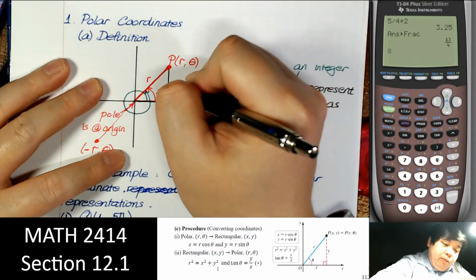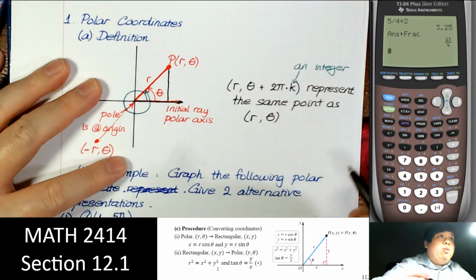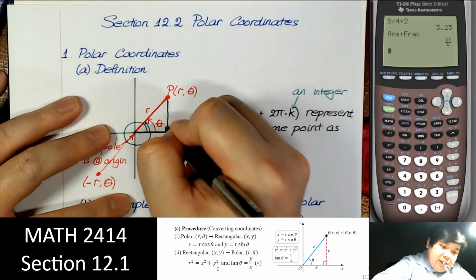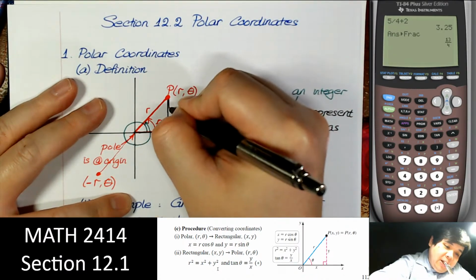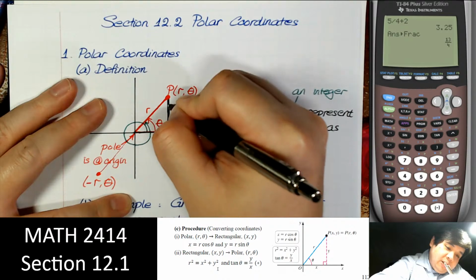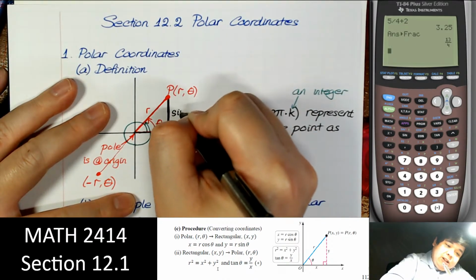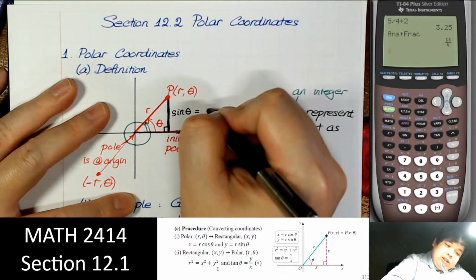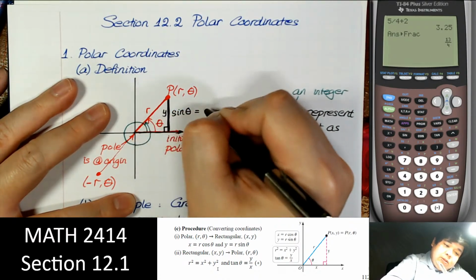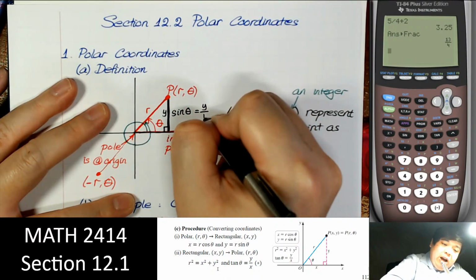If we go to the first page here on 12.12, this is opposite, and we say sine is opposite over hypotenuse.